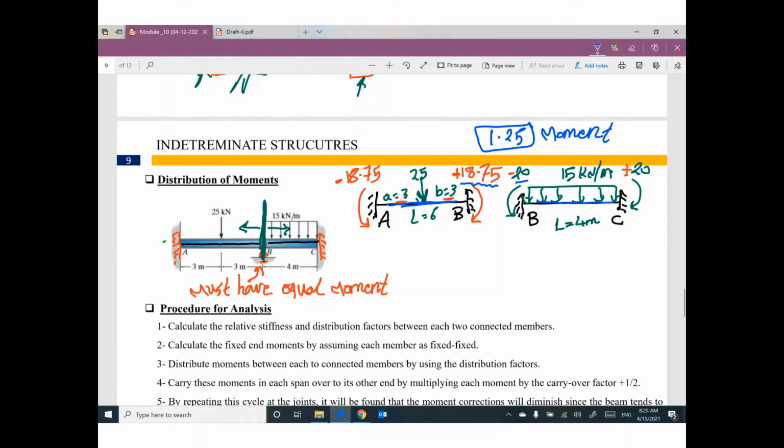Probably, I will decrease 20 to be negative 19, and I will increase 18.75 to be positive 19. So both of them are equal. I don't care about the sign, positive or negative. It's not my point. I'm talking about the value itself. I need to make the two values equal.